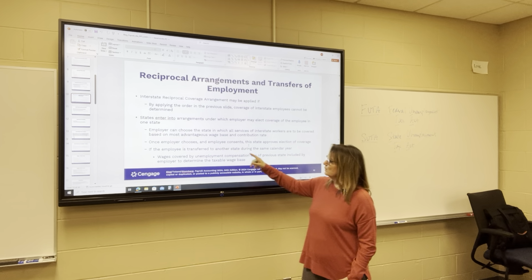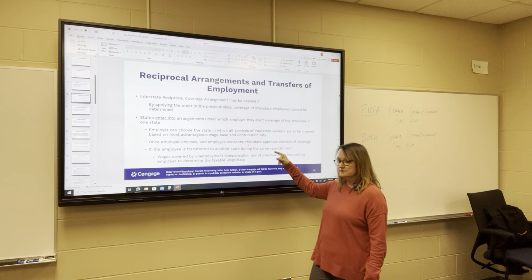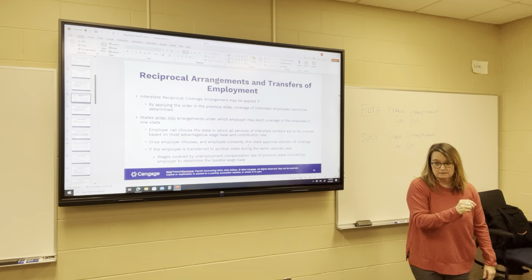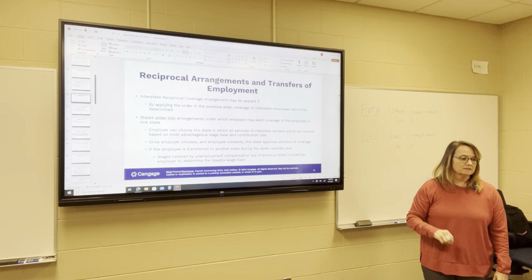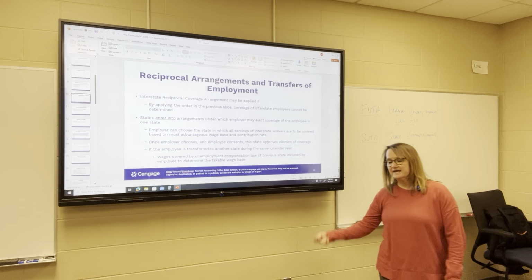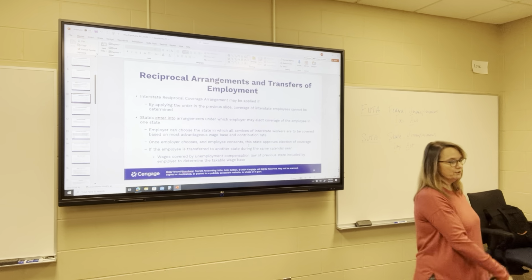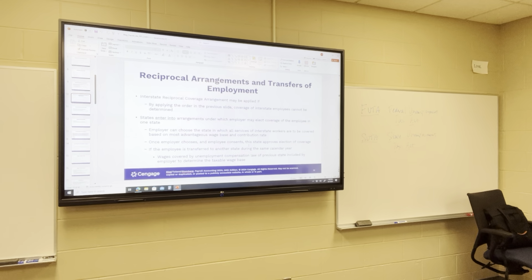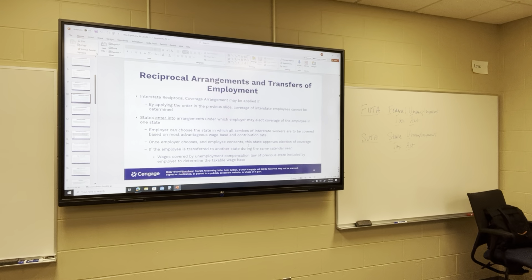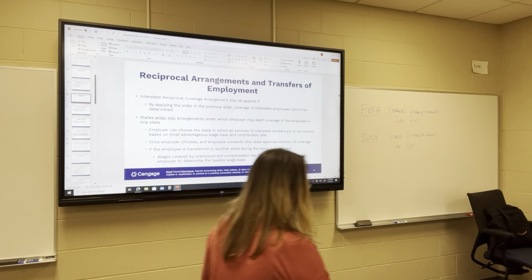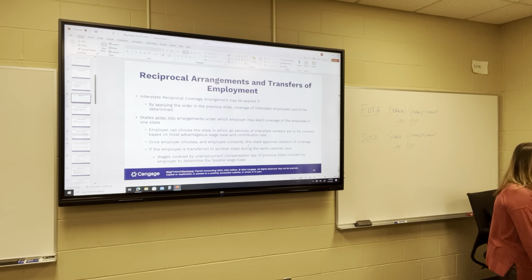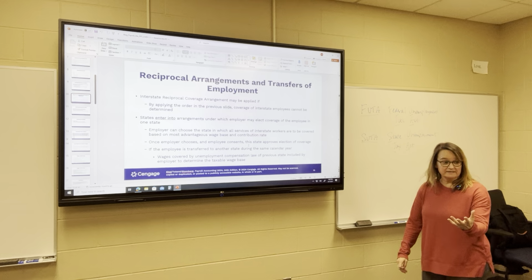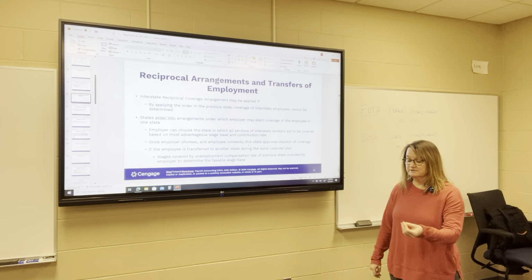So if we've got an employee that is transferred, so they work for the same company, let's go back to Walmart. Let's say we've got a manager at Walmart who's been working in Illinois, and they transfer him or her to a location in Iowa. Same employer. In that case, we've got a different wage base and a different tax rate.